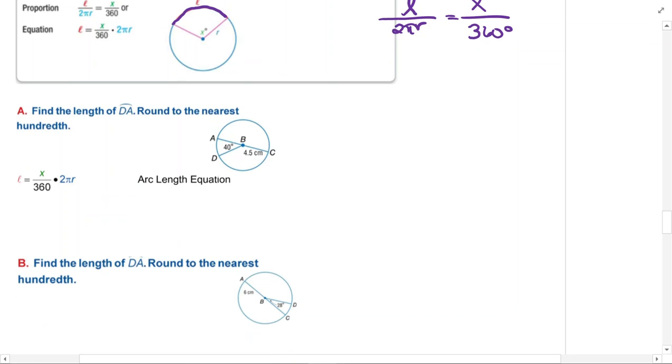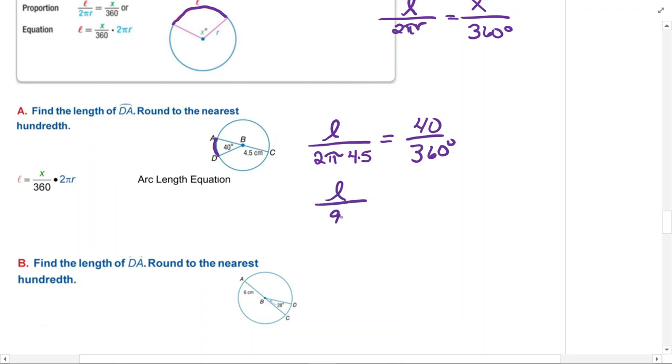So looking at the first problem, we're asked to find the arc length of arc AD. We know that the measure of arc AD is 40 degrees. So we want to find the length. So it's the length over the circumference, which is 2 pi r, and r in this case is 4.5, equals 40 degrees over 360 degrees.